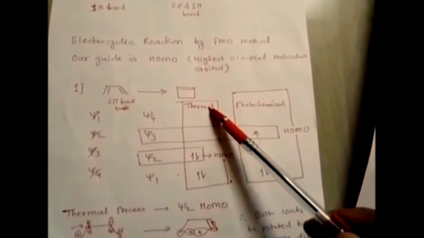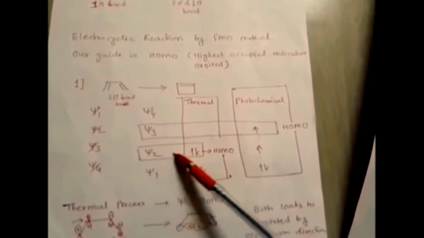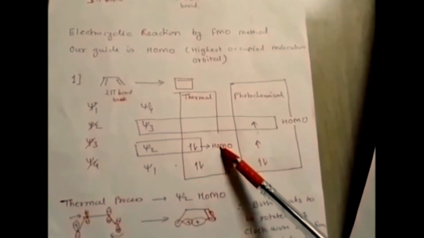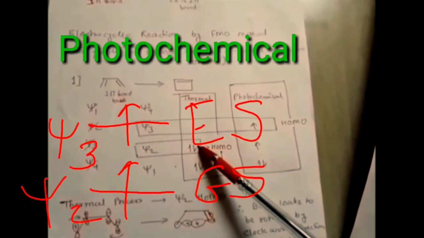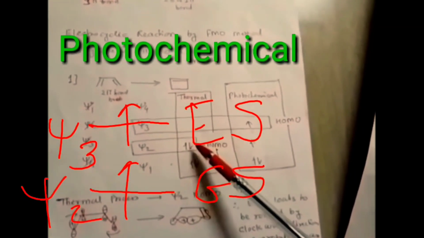So in thermal condition, 2 electrons are present in Psi2. That's why this is the highest occupied molecular orbital. Whereas in photochemical reaction, one of the electrons is shifted from the ground state to the excited state, that means from Psi2 to Psi3.